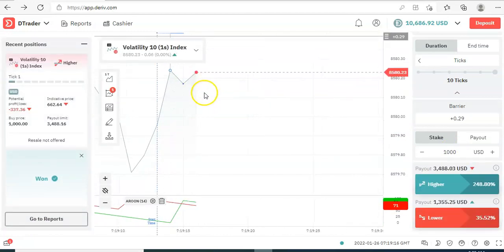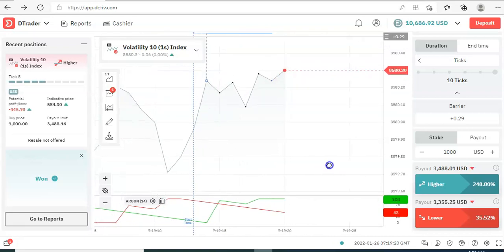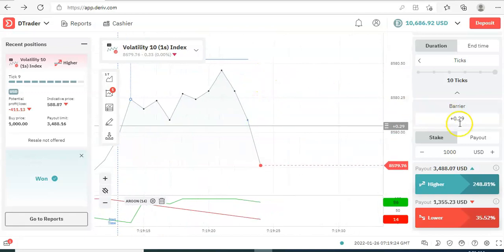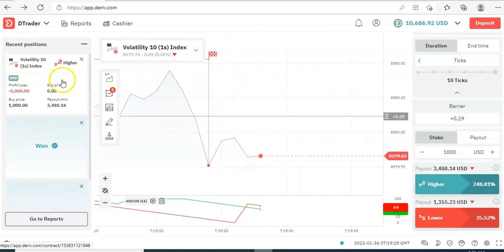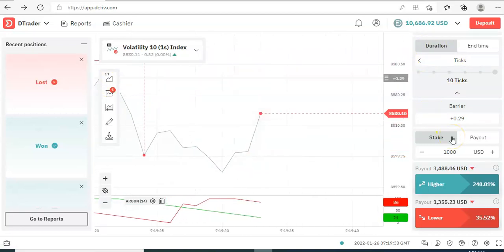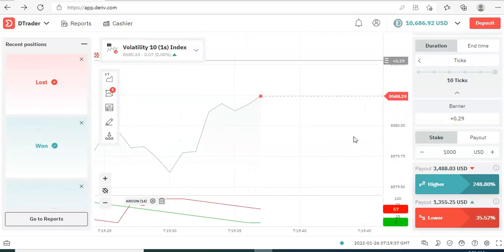I have my entry point right here. So we are saying the price is going to be higher at 10 ticks. Remember we selected 10 ticks, and as you can see, I've actually lost this trade. That simply means I've lost 1,000. What is happening right now can also happen in your real account.